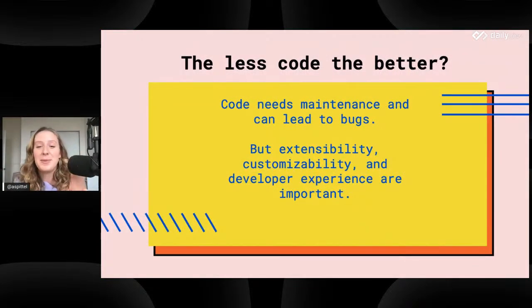Code is really expensive. Hiring developers early on in the life of a startup leads to a very high cost, and it leads to making it so that you need to maintain that code, you need to fix bugs, and you need to have this extensibility and customizability and developer experience, because those things are going to make it so that you can keep building and scaling.